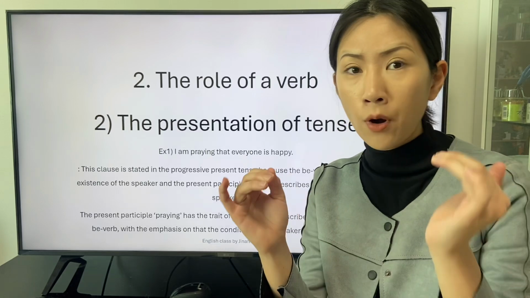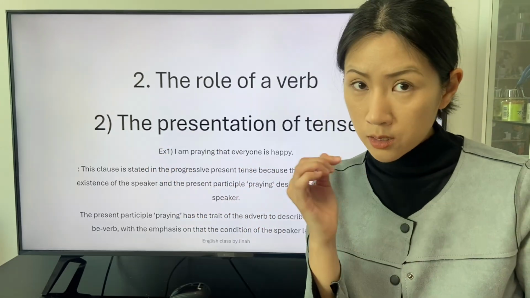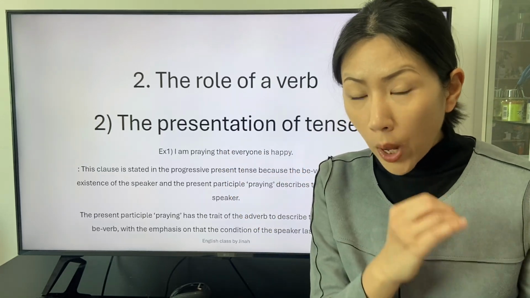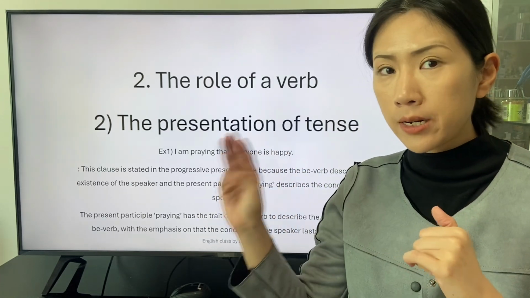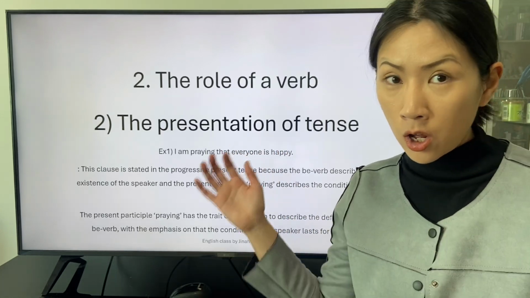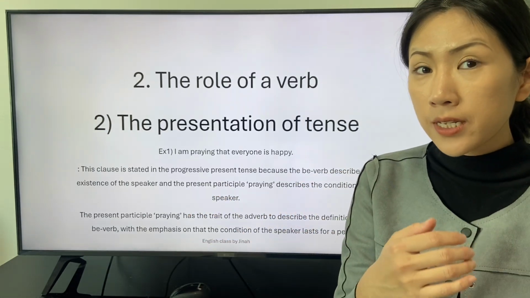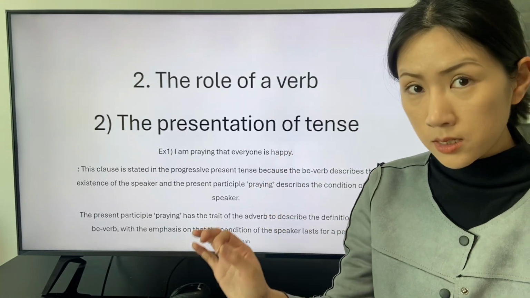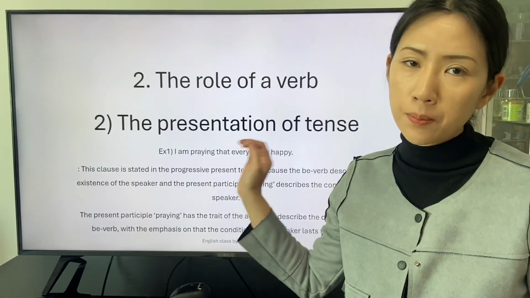When the converted form of the verb with the letters ing functions as a noun, the converted form of the verb with letters ing is called a gerund. When the converted form of the verb with three letters ing is applied as an adverb or an adjective, the converted form of the verb with three letters ing is called a present participle.